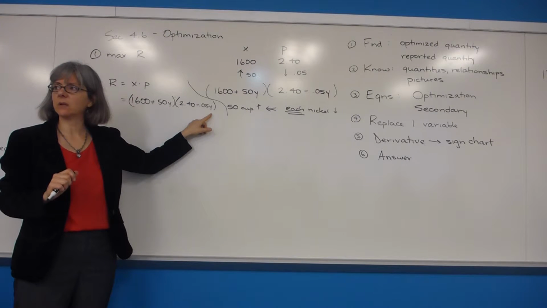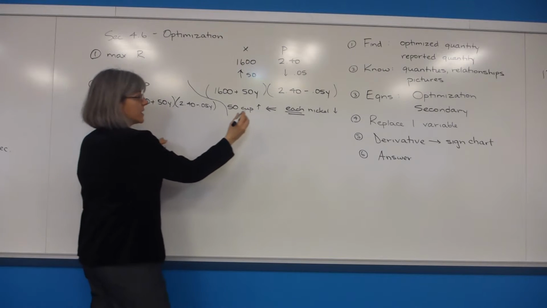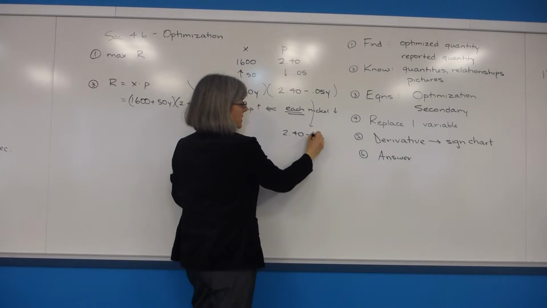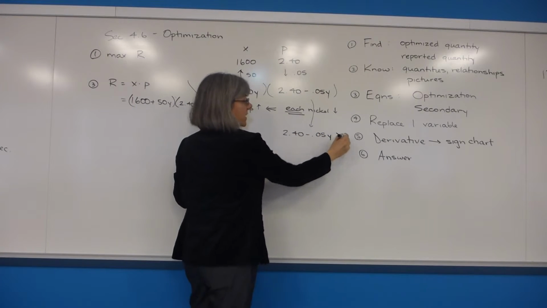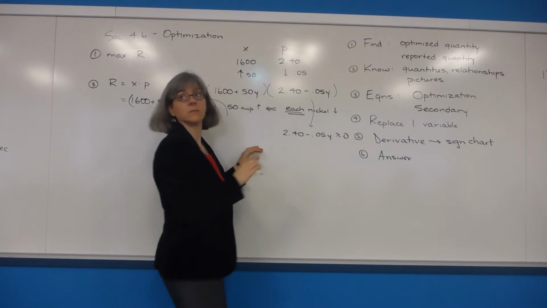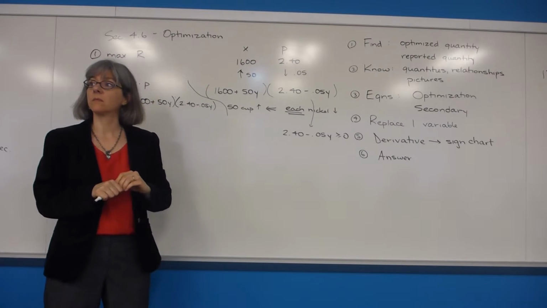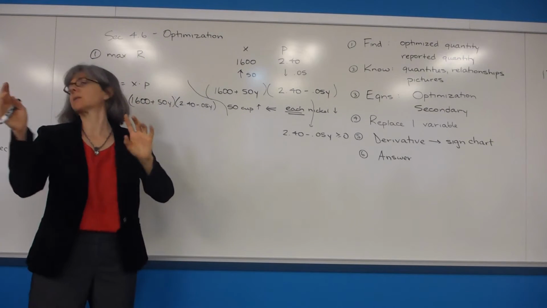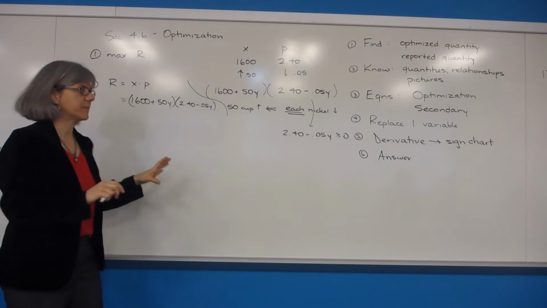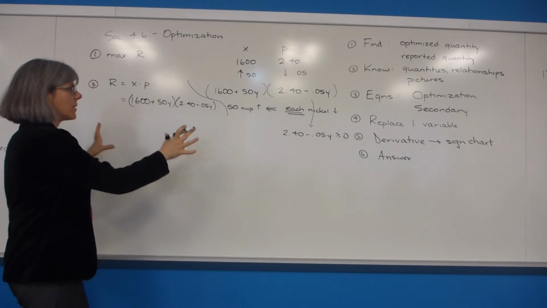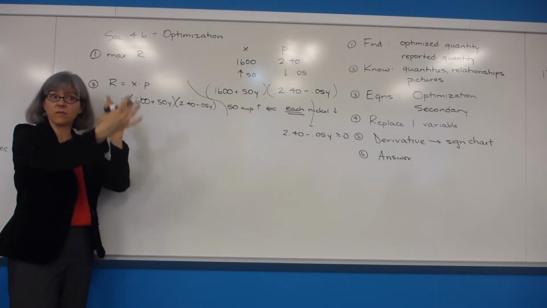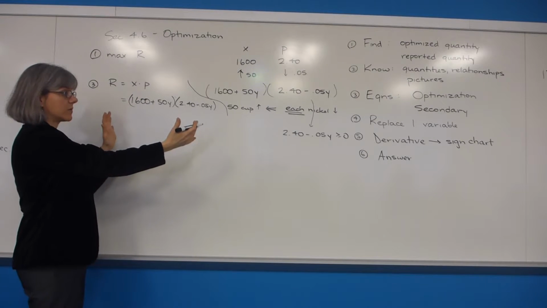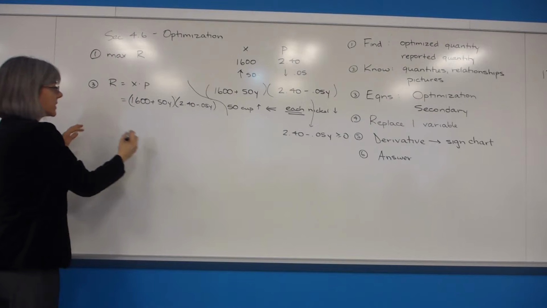You could write that I need the price to be greater than or equal to 0, and Y can't be more than 48. So let's concentrate on how to finish it from here, but yes, those are valid points that you can put on your endpoints.